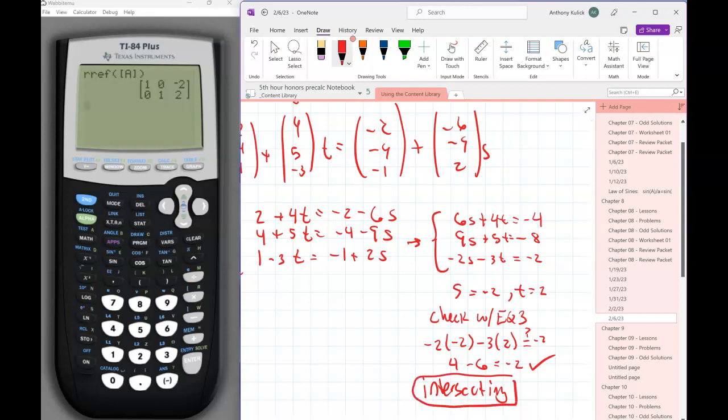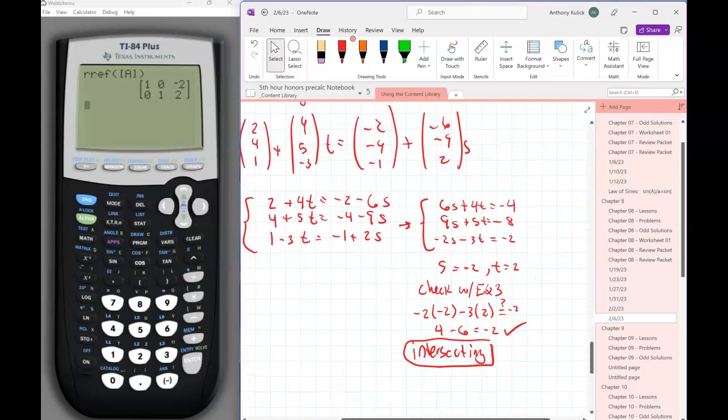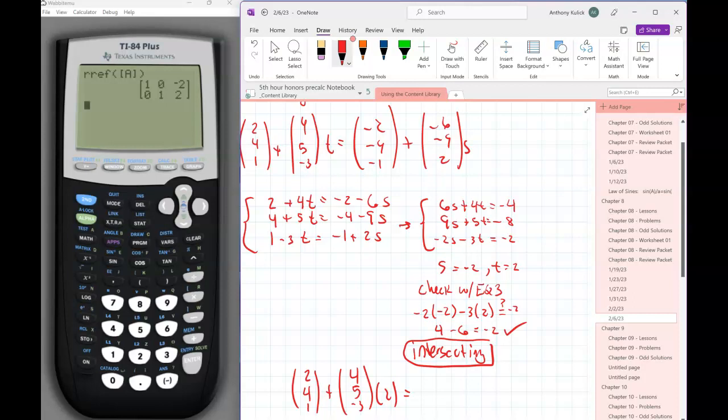To find the point of intersection now, what do I do? I plug either S or T back into the corresponding equation, R1 or R2. So I'll use T. I think that's the better choice. Why did I say that? There's no negative sign. It's one less thing for me to goof up.